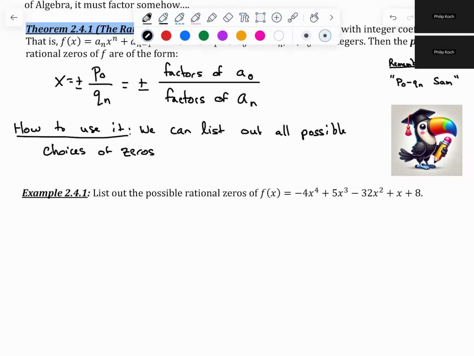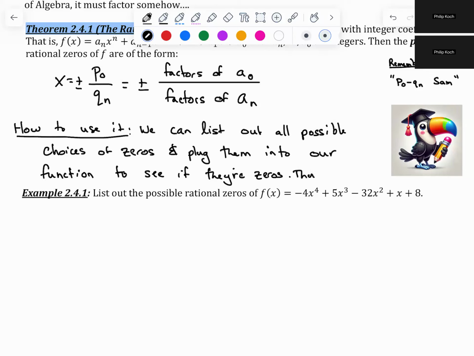But how do we use this to do anything? We can list out all the possible choices of zeros and then plug them into our function to see if they're zeros. Then use synthetic division to factor. Utilizing that good old Poocan Sam.